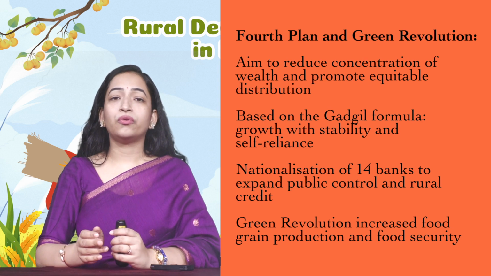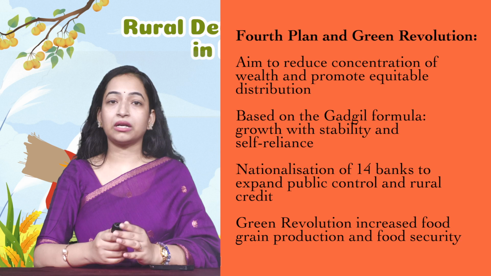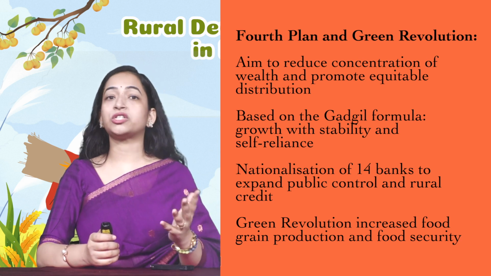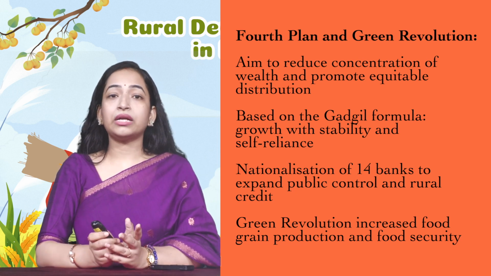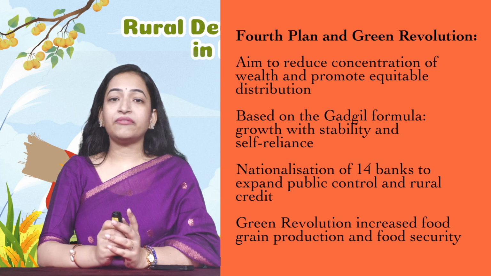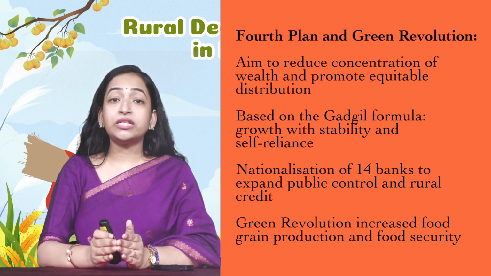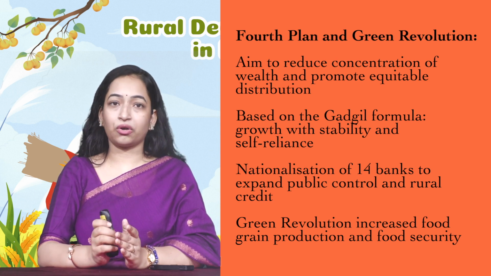This move was intended to bring the banking sector under greater public control to support developmental goals, especially in the rural areas. Additionally, the agricultural sector witnessed significant progress due to the advancement of the Green Revolution, which improved food grain production and strengthened food security.